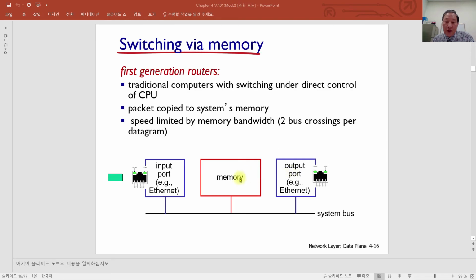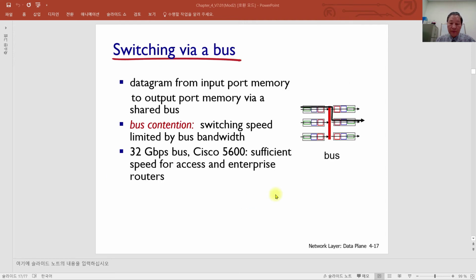The previous one will be enough for our edge router. Usually in our university, in each lecture room or right after the switch, this router may be used, and that speed will be enough to take care of them.